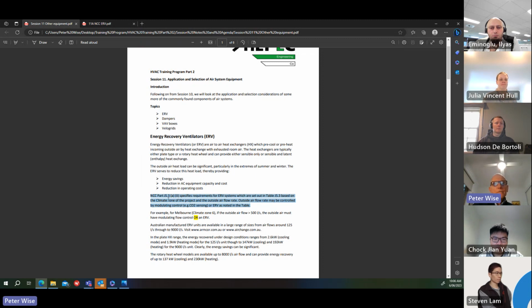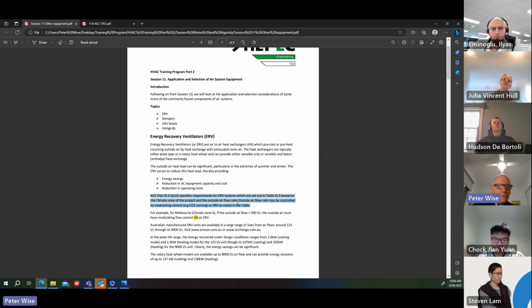NCC Part J5.3 specifies requirements for ERV systems. So this is important to be aware of, that it is a requirement of the NCC to use these in particular circumstances. The requirements are set out in Table J5.3, which I'll show you in a second, based on the climate zone of the project and the outside air flow rate.